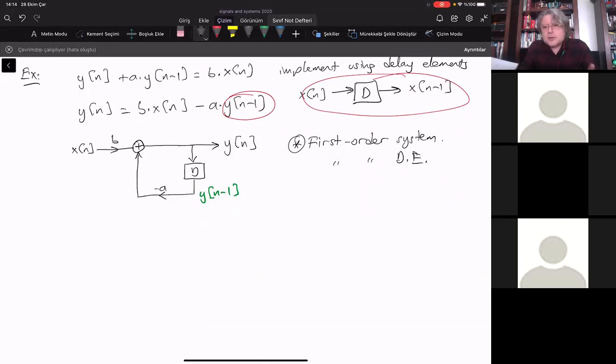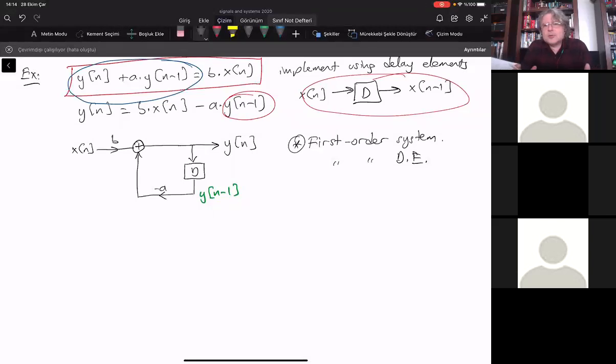Now, the order of the difference equation or the order of the system is determined by how many delays appear at the left-hand side of the equation, like here. This is the equation, and this part is the left-hand part of the equation. How many delays are necessary for that? That will give you the order of the difference equation.